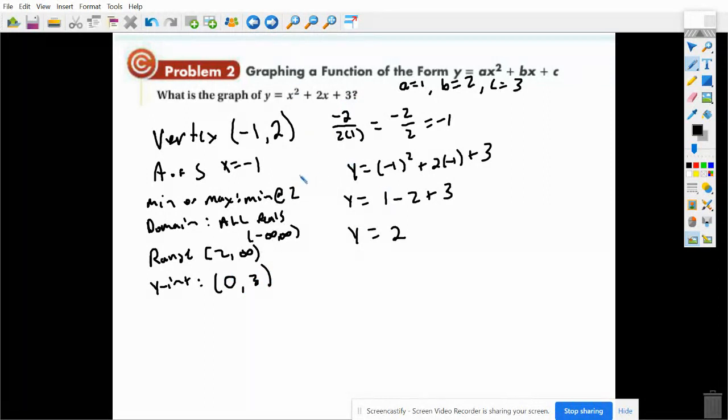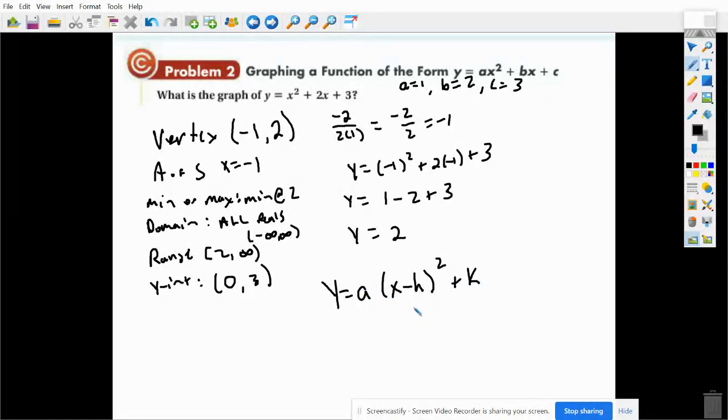Okay, now if I asked you to go from standard form to vertex form, remember vertex form was y equals a times (x minus h) squared plus k. Well, h is the x value of the vertex, k is the y value of the vertex, and this is a.